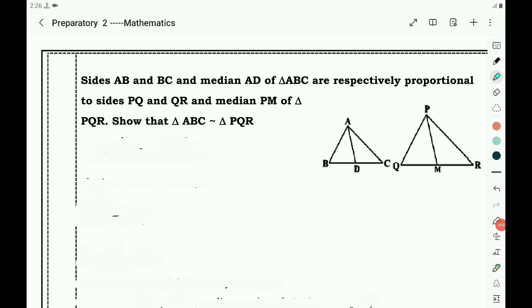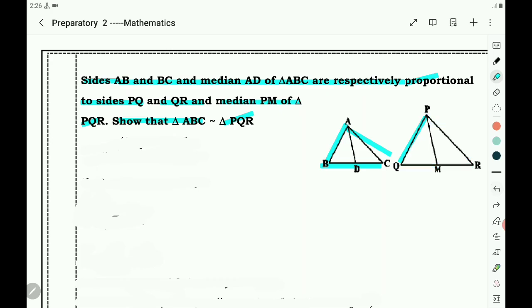Or question of the same question: sides AB and BC and median AD of triangle ABC are respectively proportional to sides PQ and QR and median PM of triangle PQR. Show that triangle ABC is similar to triangle PQR.